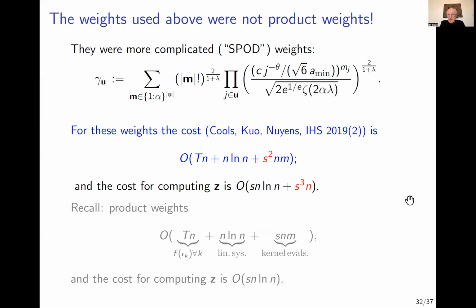They appear first in determining the generating vector, in our CBC construction of the generating vector, but they also appear in the kernel explicitly. The kernel, in terms of Bernoulli polynomials and so on. How you implement this is not obvious, but it can be done. But that's why the cost is of order s squared nm, with not a good constant either, and the offline cost for computing the generating vector is of order s cubed times n, whereas for product weights we don't have anything like that.